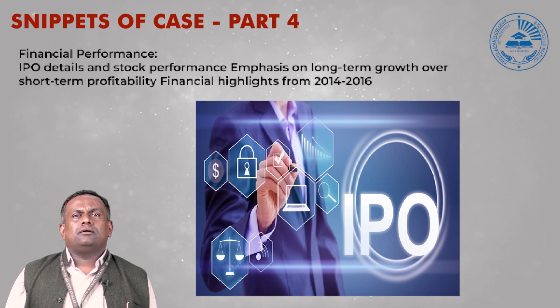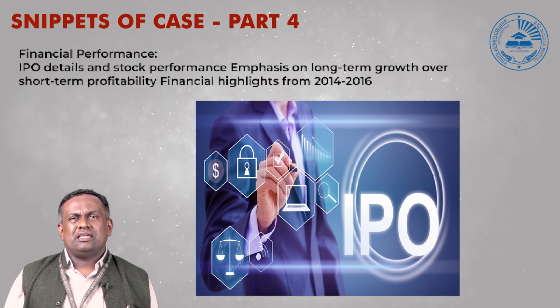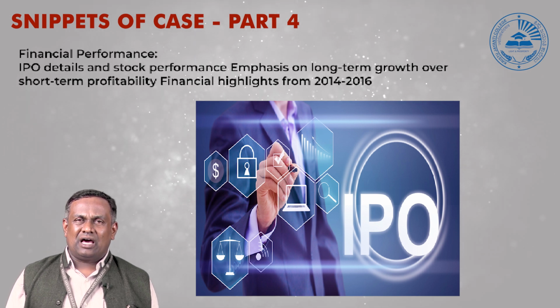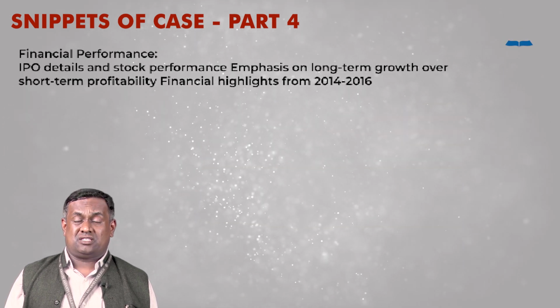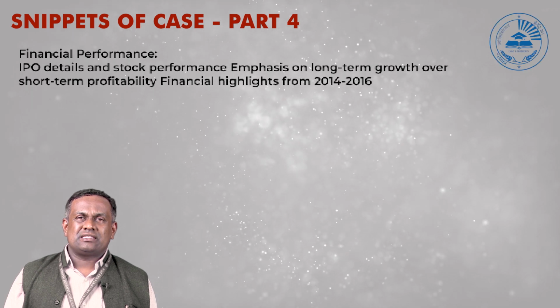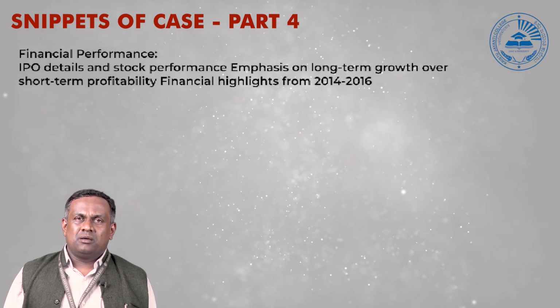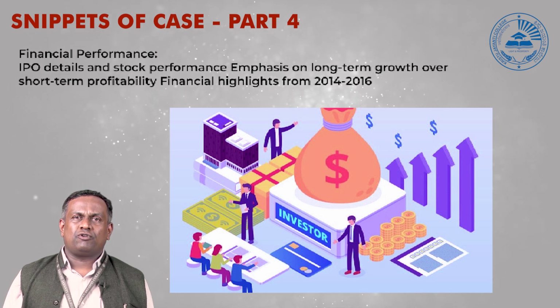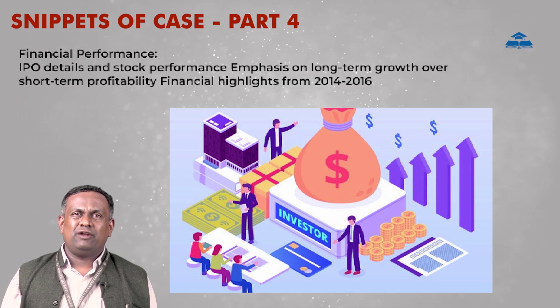Then if you analyze in detail, Amazon is always focused on the customers, because it has in its mission and vision statement that it is customer centric. That means they are focused more on customer need fulfillment.